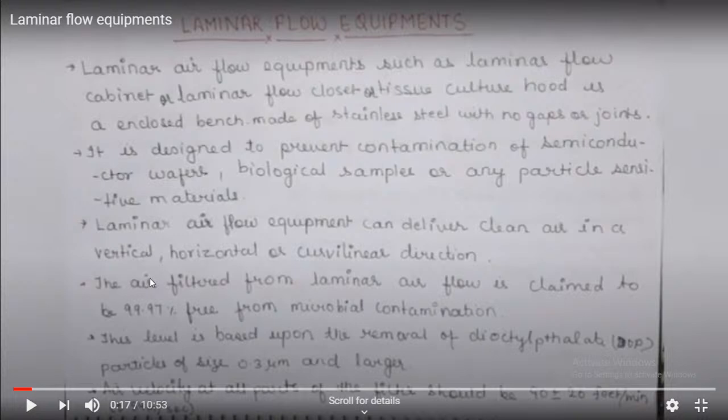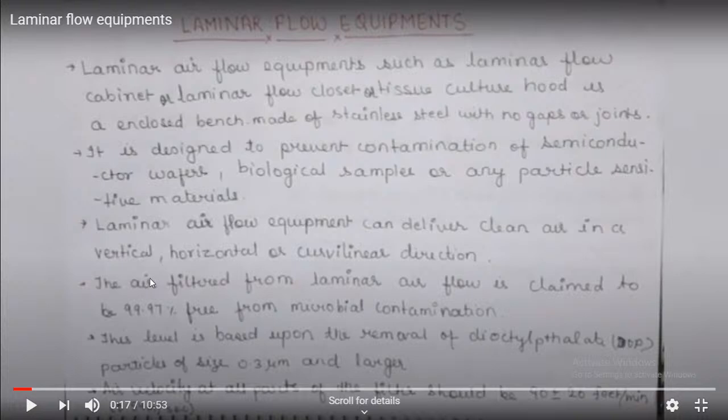These are the combination of laminar airflow equipment: cabinets, closures, and tissue culture hoods, totally packed with stainless steel bench, and designed to prevent contamination of semiconductor wafers, biological samples, or any other particles sensitive to the material.